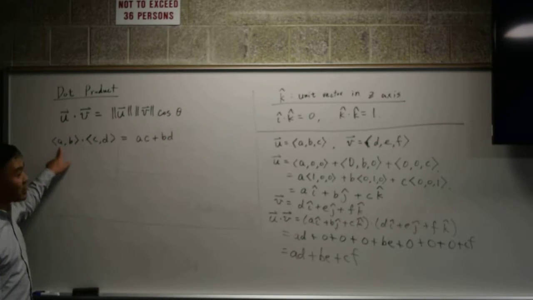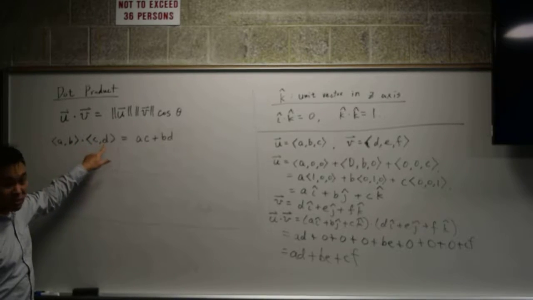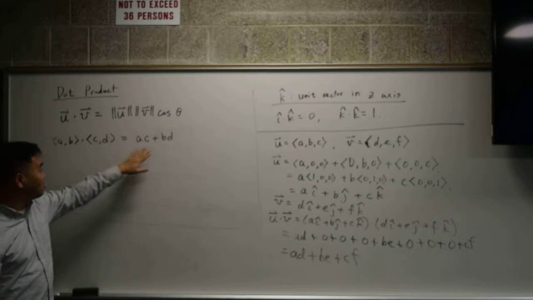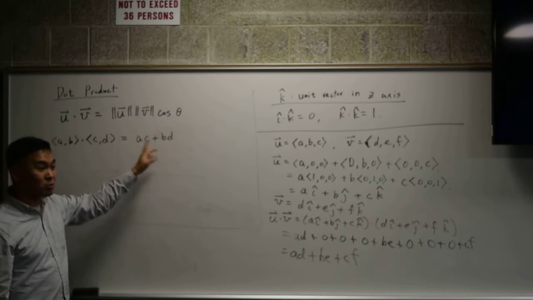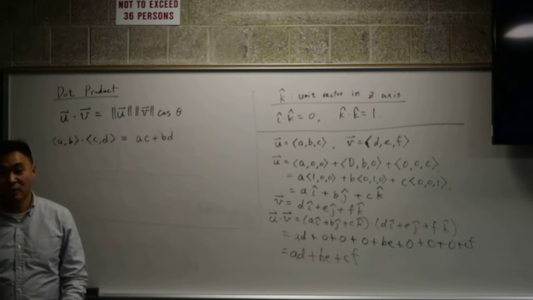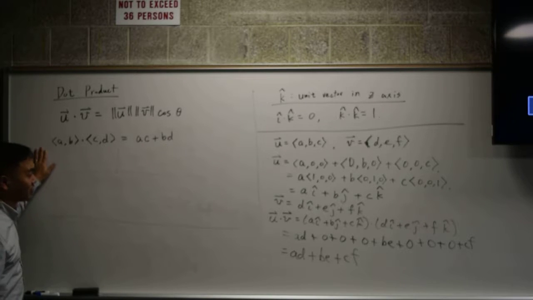You would be writing this as AI plus BJ dot CI plus DJ, and then if you just do the FOIL, you'll see that two terms die off and two survivors will be just AC and BD. It's that simple. So that's how you do the dot product.